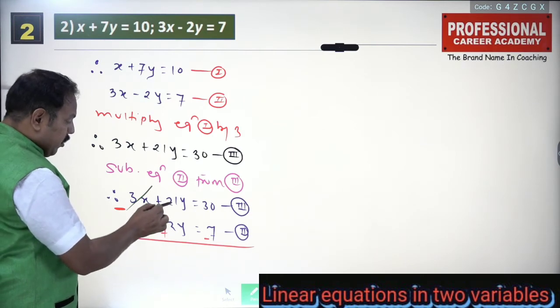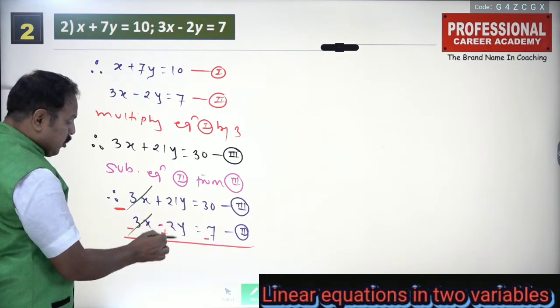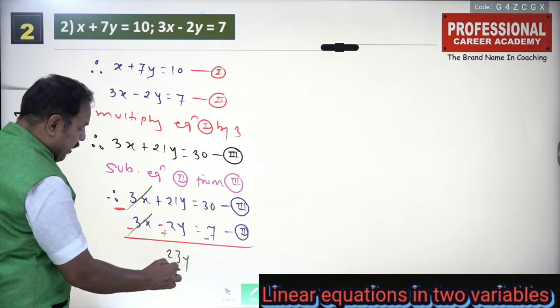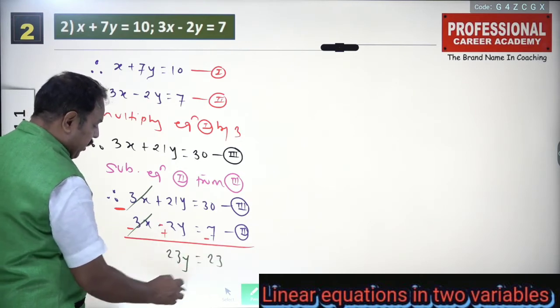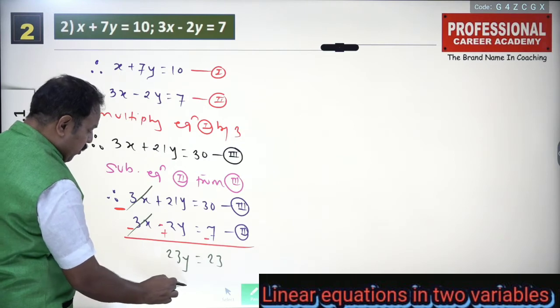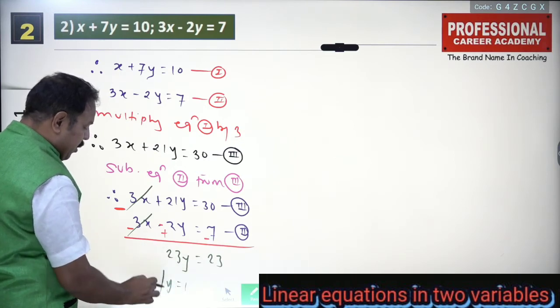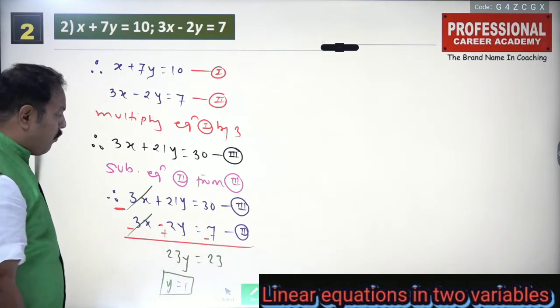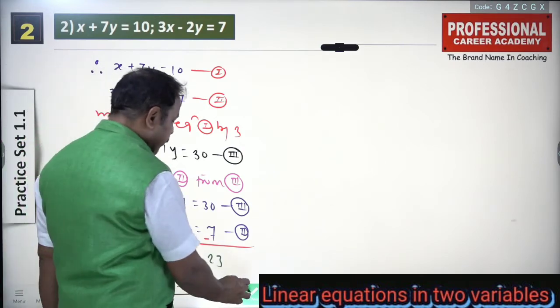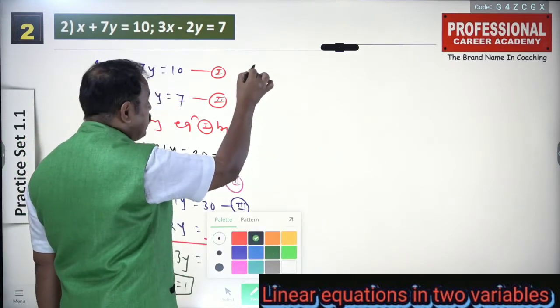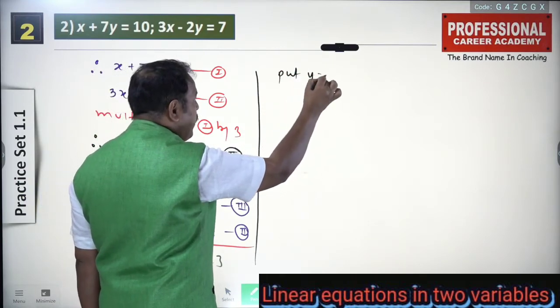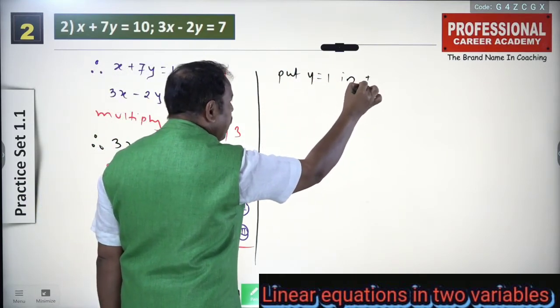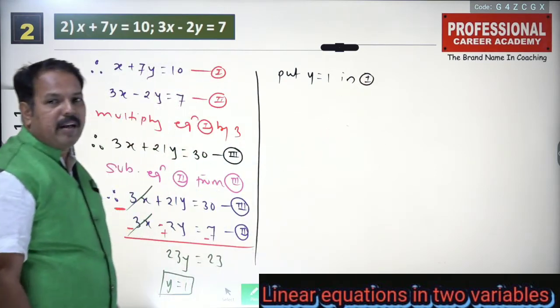So here 9y plus 2y means 11y is equal to 30 minus 7 means 23. What is the value of y? Remember? So put y in either equation 1, 2, 3, anywhere.